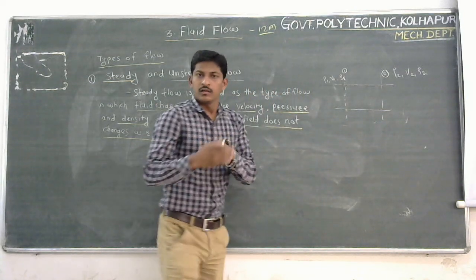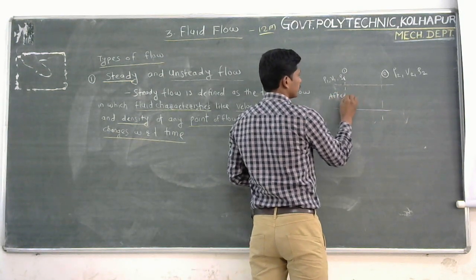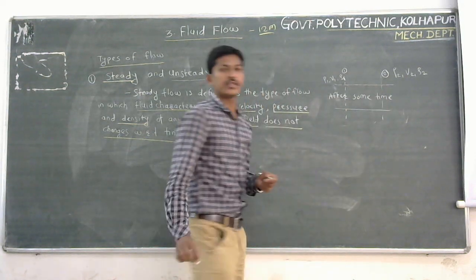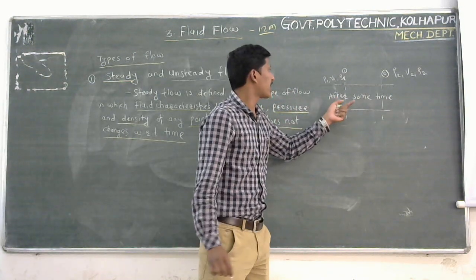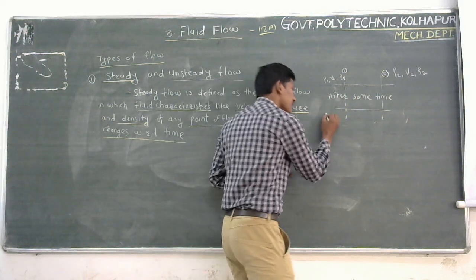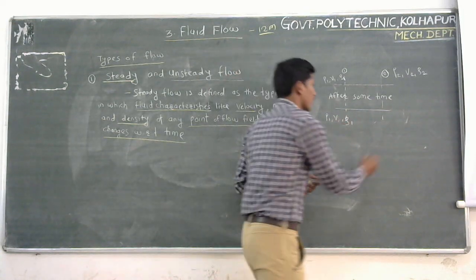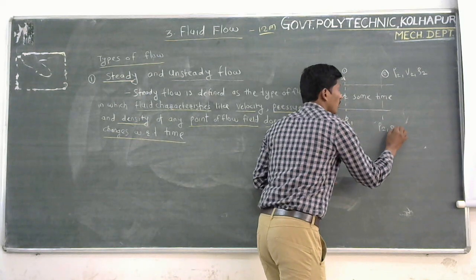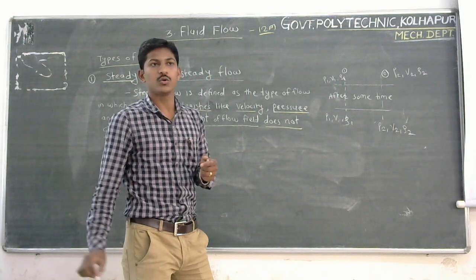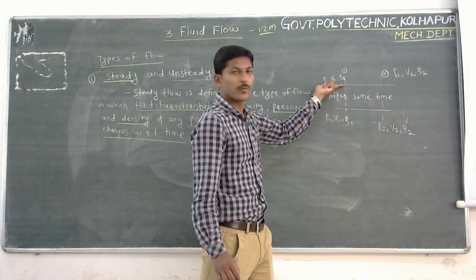But suppose we measure these properties after some time at the same points. Then we will get the same properties: P1, V1, ρ1 and P2, V2, ρ2. At section 1, previously the properties were P1, V1, ρ1.